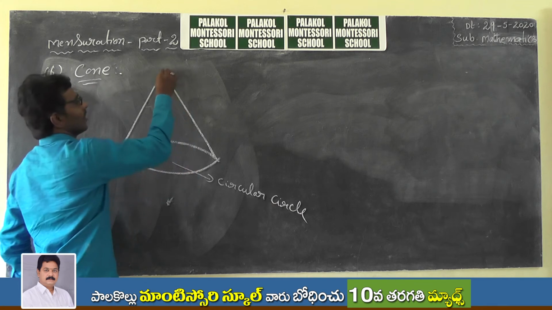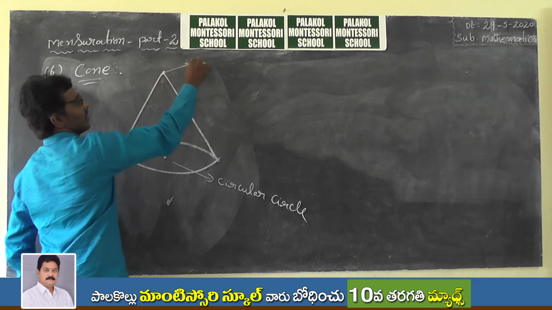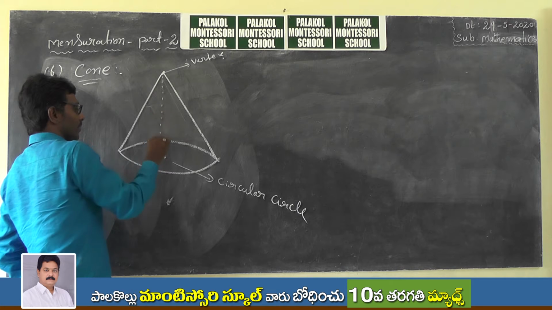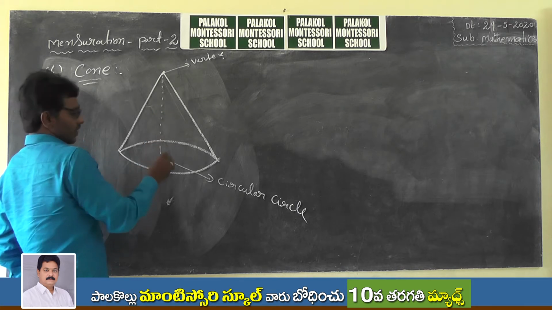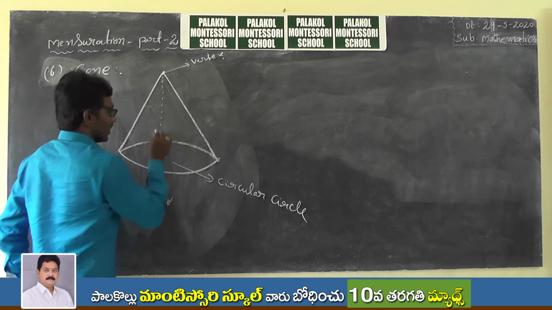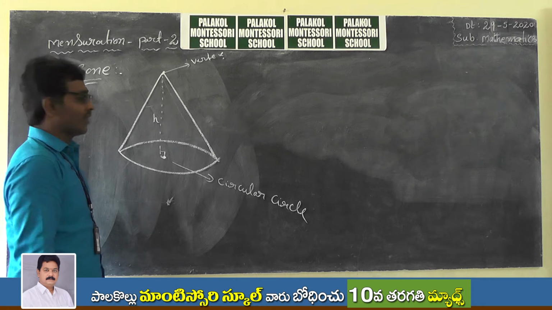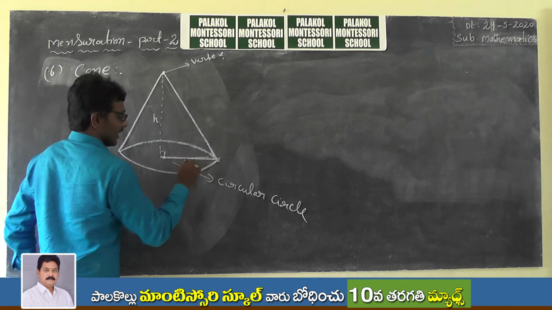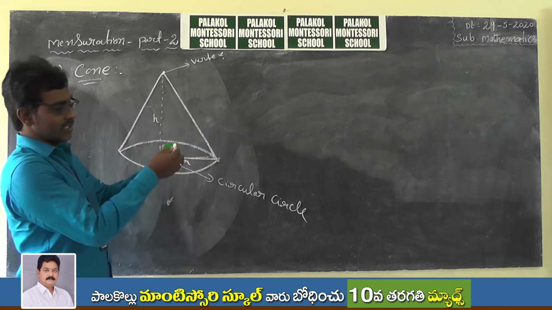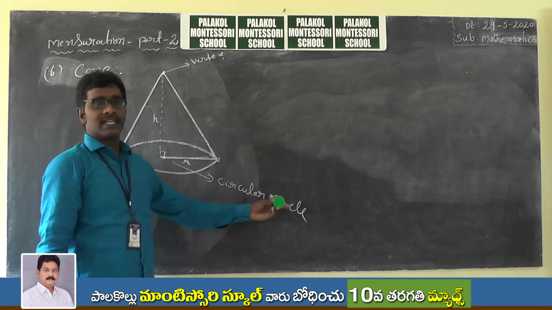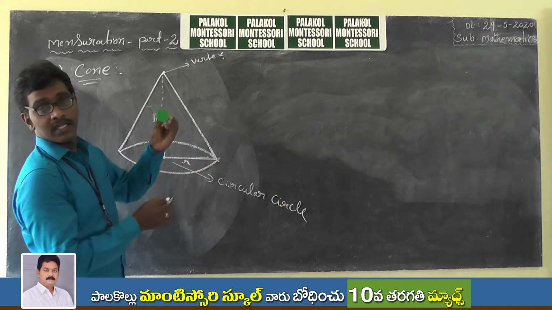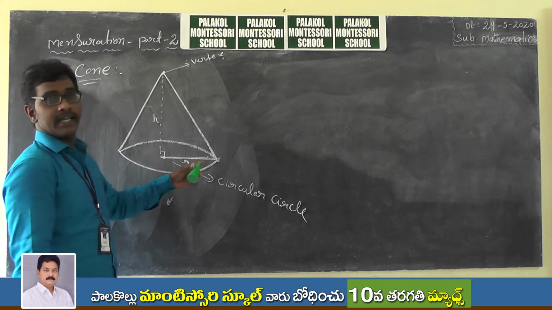Here one vertex is formed, and you draw one line to the base, so it makes a perpendicular. That is considered the height of the cone. Join this one: it's the radius. Why? Because the shape of the base is a circle, with a center. You join one point to the circle's center, and it forms the radius.